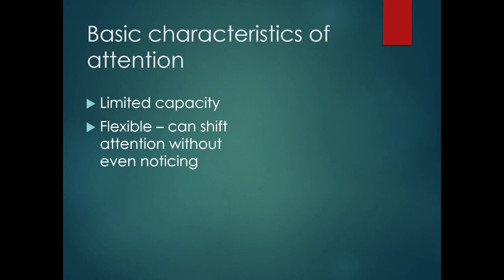I had a comment on one of my lectures where I was talking about the figure ground phenomenon and how you can either have this ambiguous figure be the thing that you're noticing, or you can have the ground be the thing you're noticing, but you can't have both of them at the same time. And the question was, what about those of us who can see both the figure and the ground at the same time?